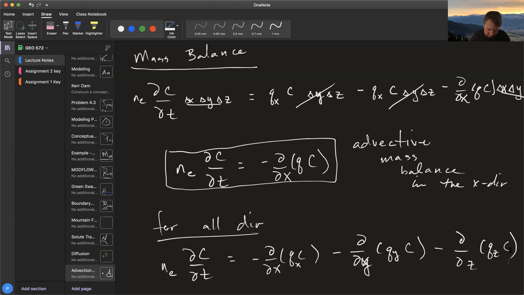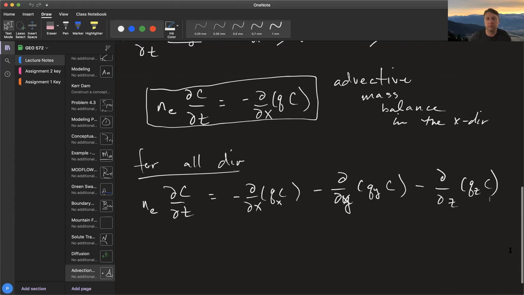All right, all good. Okay, so this is the advective flux equation for all directions.